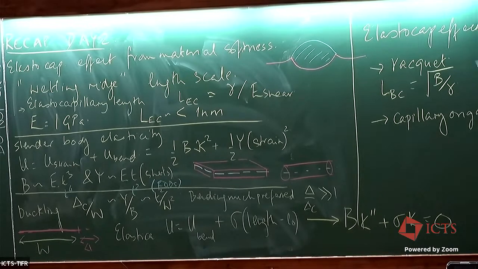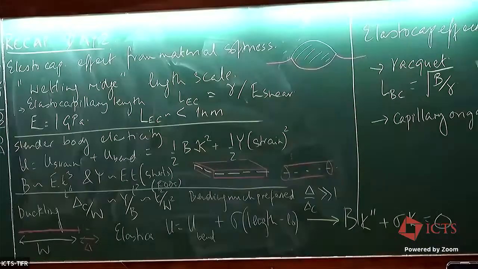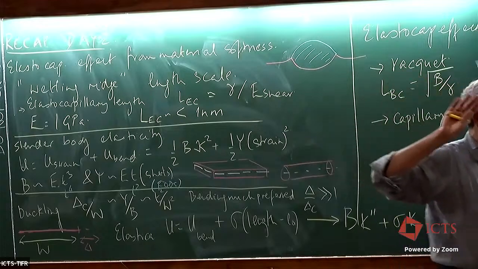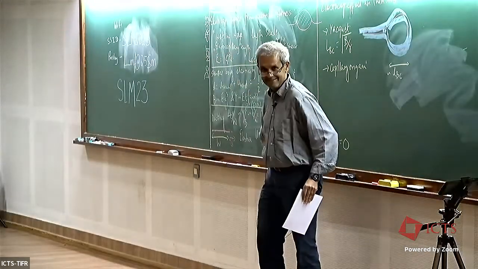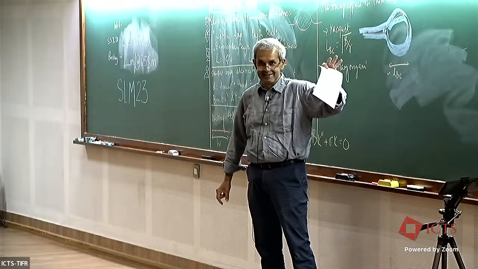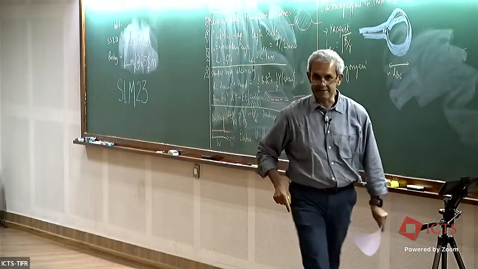Of course, the speed of sound also changes with the softness of the material. In a situation where you're doing elastocapillary effects with soft stuff, you will start seeing elastodynamic effects sooner than here, where the material is pretty rigid. Speed of sound is quite fast, kilometer per second. So don't do anything faster than a kilometer per second.